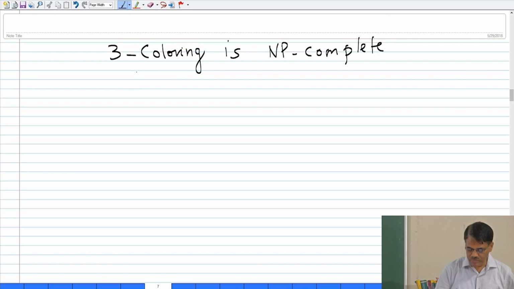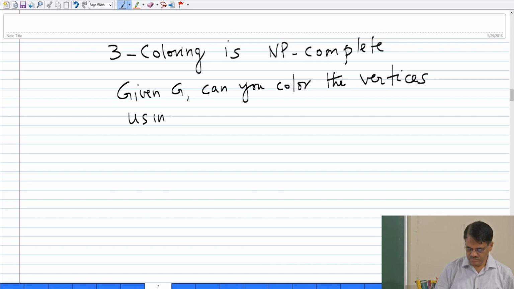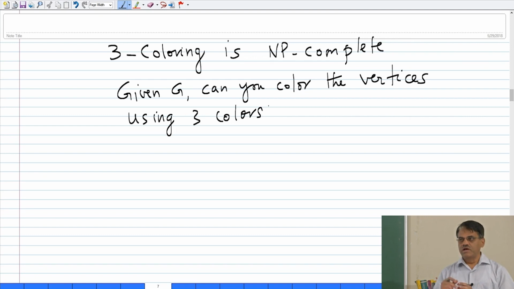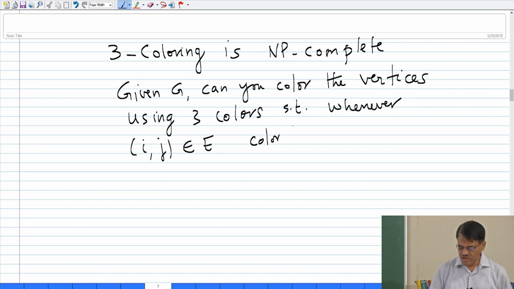What is the 3 coloring problem? Given G, a coloring is just a function from the vertex set to the numbers 1, 2, 3, such that whenever ij is an edge, the color of i is different from the color of j.